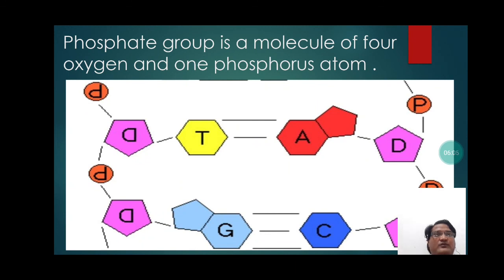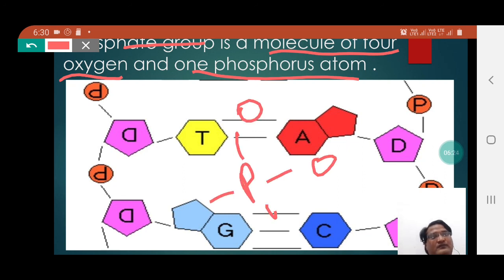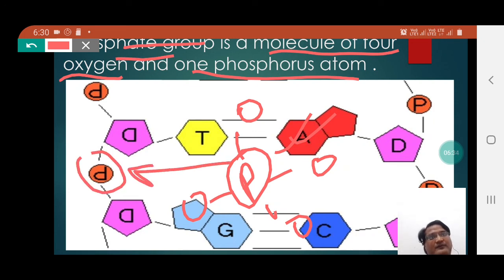Phosphate group is a molecule of 4 oxygen and 1 phosphorus atom. The phosphorus atom remains in the center, whereas the oxygen atoms remain surrounding the phosphorus, and this is the phosphate group, which you can see here is represented by P.